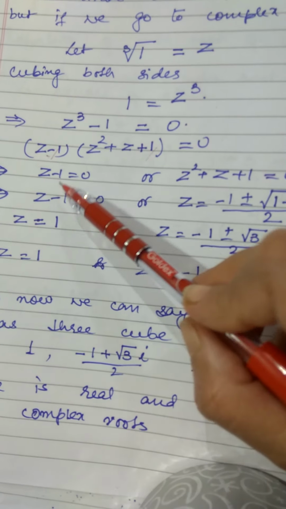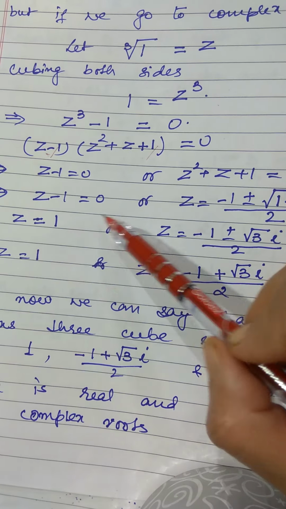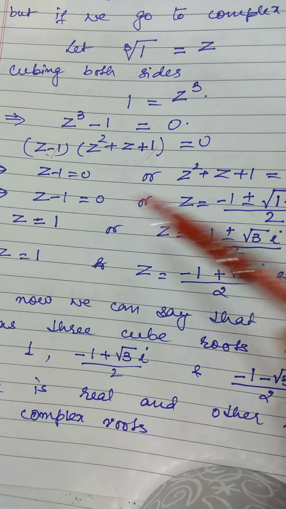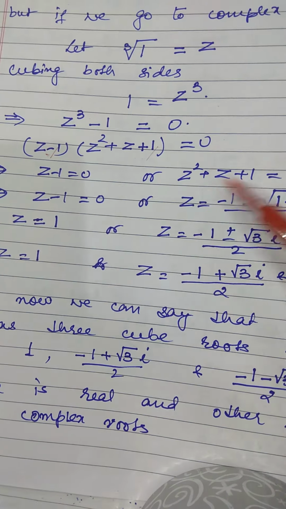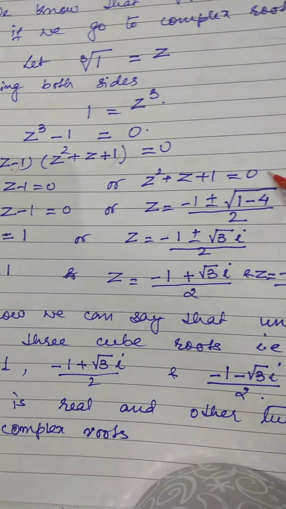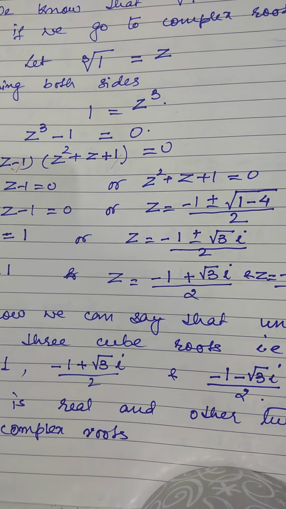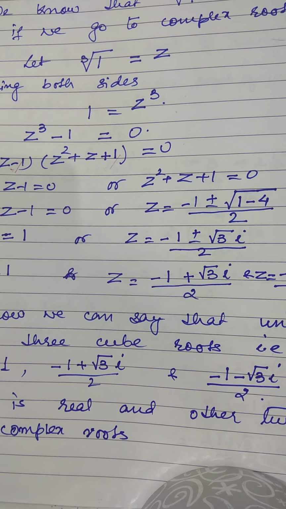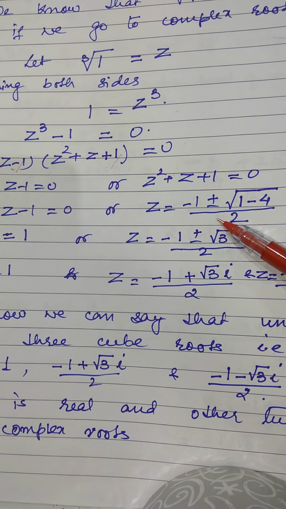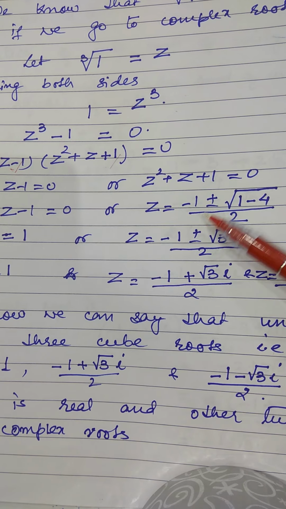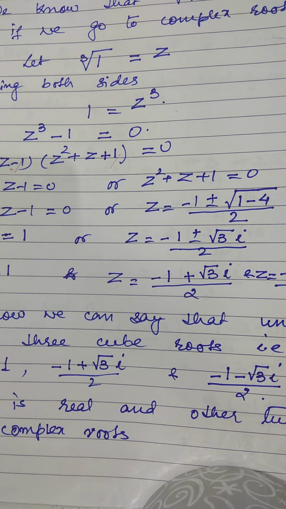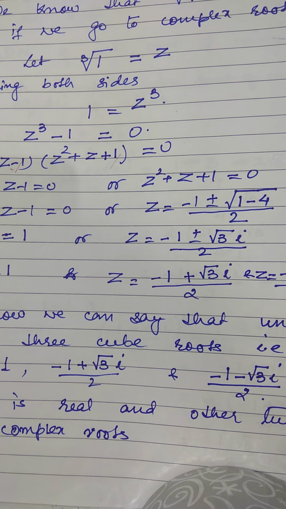When z minus 1 is 0, z is equal to 1. And the other part is now a quadratic equation, that is z square plus z plus 1. The solution for this equation is minus 1 plus minus root 1 minus 4 upon 2.